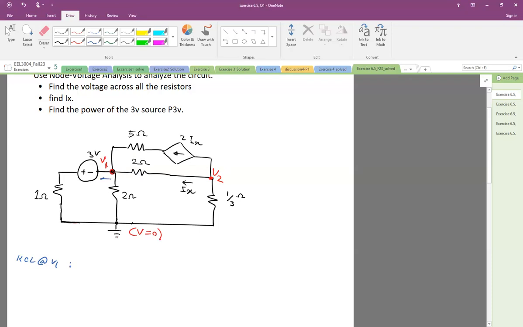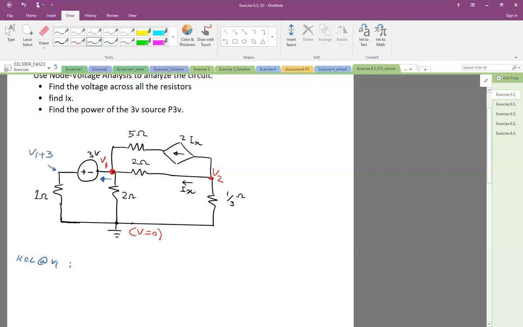On this current, as you see, there is a voltage source here. So what I would do is consider the voltage here. There's a 3 volt source, the voltage goes up from this terminal to that terminal, right? So whatever the voltage is here, V1, this voltage would be V1 plus 3 volt.